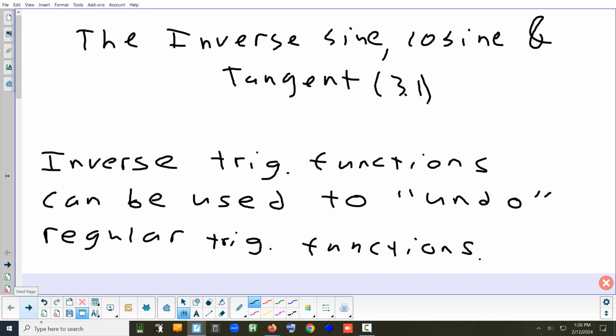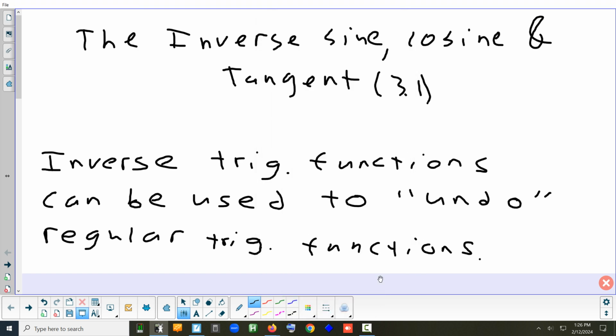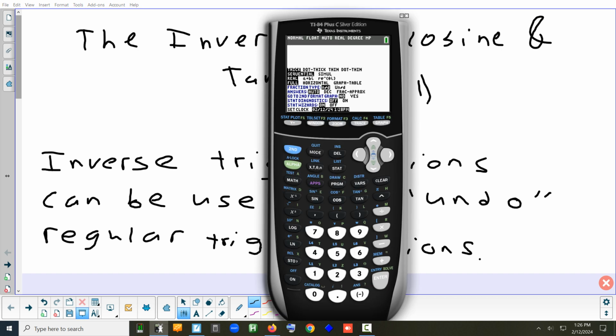Let me show you an example. On the calculator, I'm just going to put it in degrees. First, I'm going to do a problem like we would have had last week, except I'm not going to do the unit circle. I'm just going to type it in on the calculator. Let me type in the sine of 28 degrees, and I get that answer.